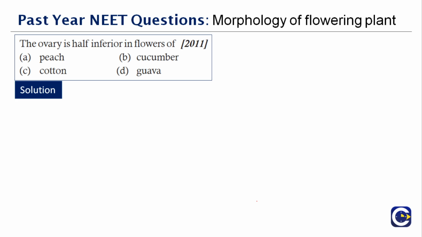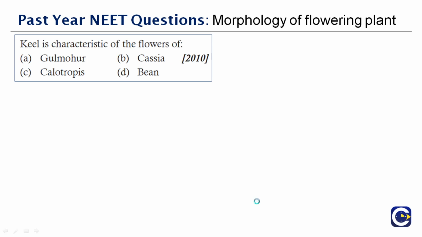So you have these kinds of variations. Out of the four options, where do you find this half inferior ovary in flowers? So it's understood that when I say half inferior, the other half will be superior. So that is seen in which flower? If you see, it is in option A, peach. Okay, yeah.